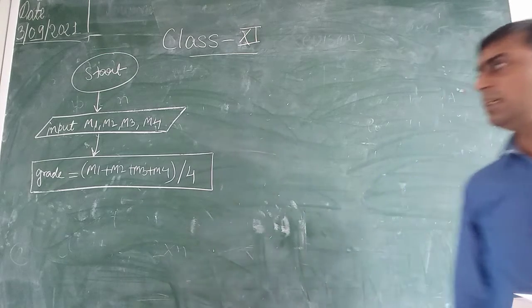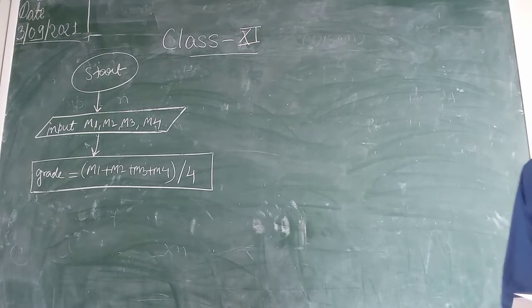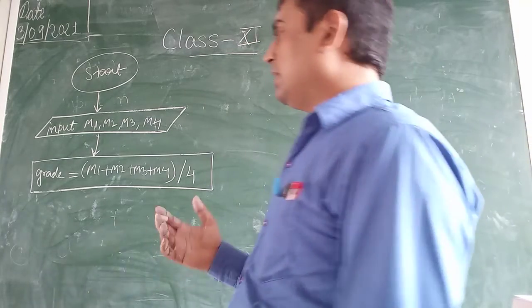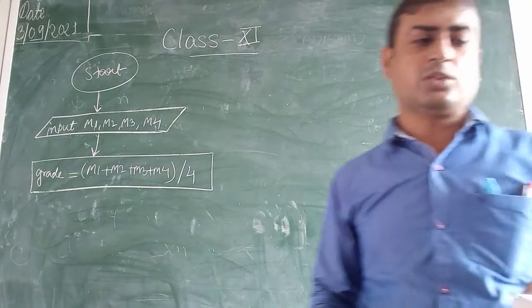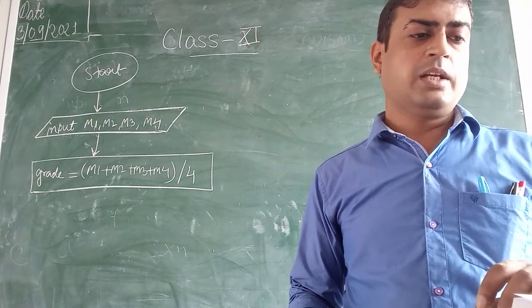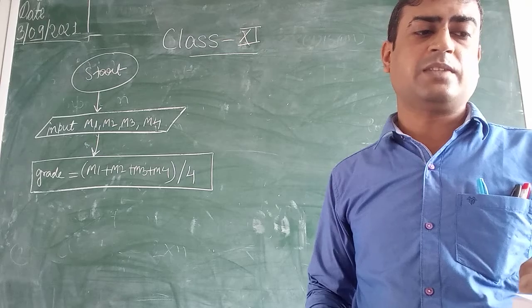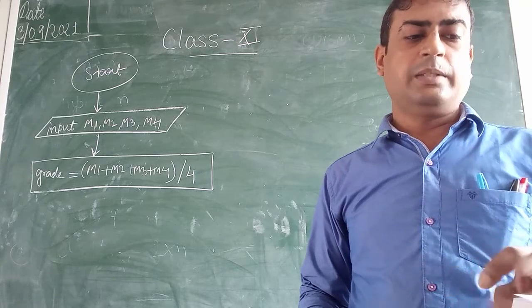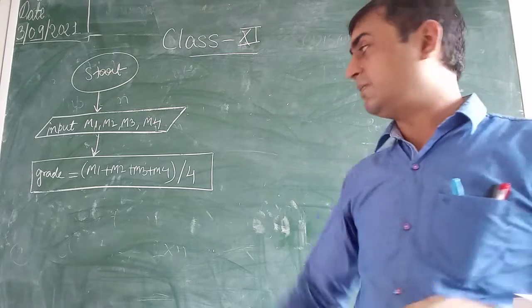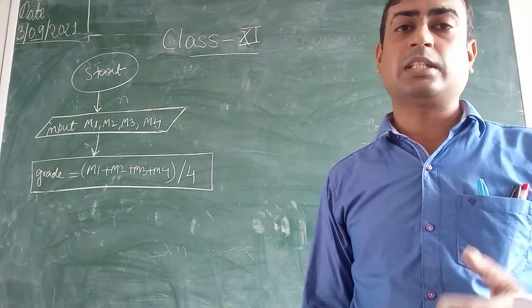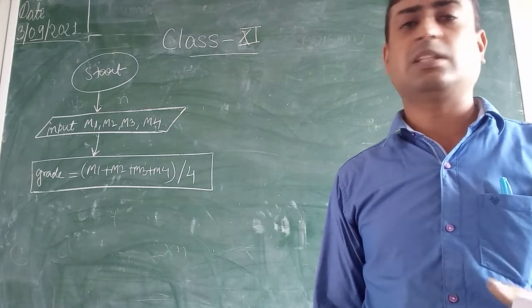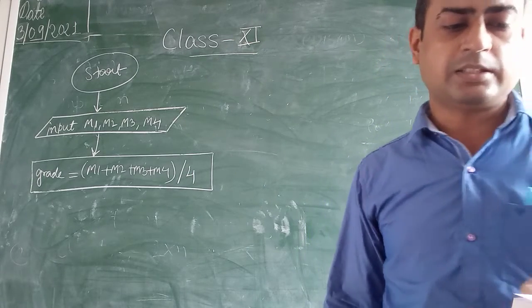After processing, you have to take a decision on whether grade is less than or more than what. According to the question, your passing average is 50 or more. Means if it is less than 50, the student has failed, and if it is more than 50, then it is okay, it is passed.